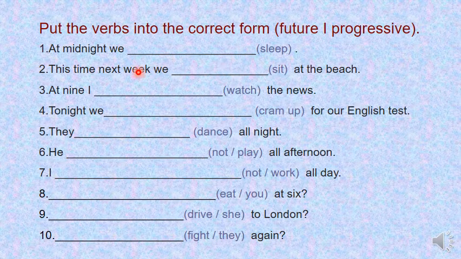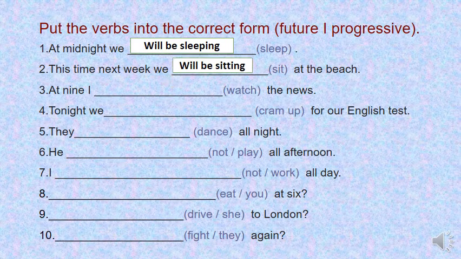So you can say according to the structure of future continuous tense, at midnight we will be sleeping. Number 2. This time next week we dash at the beach and the verb is sit. This time next week we will be sitting at the beach.